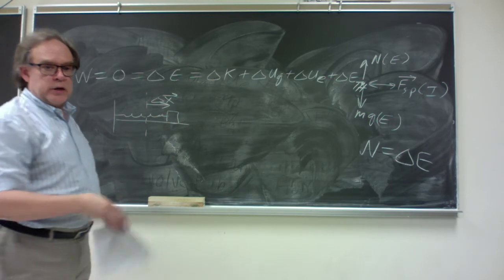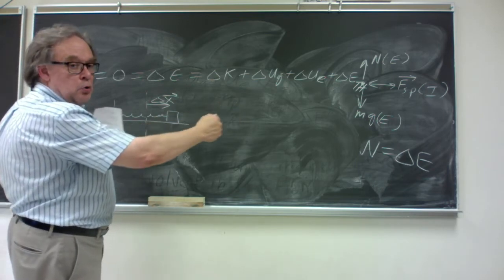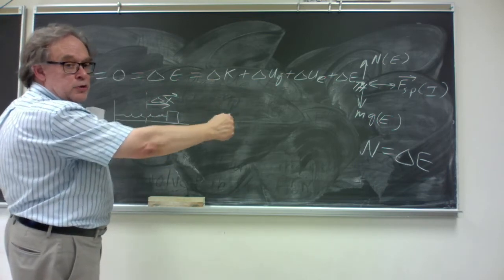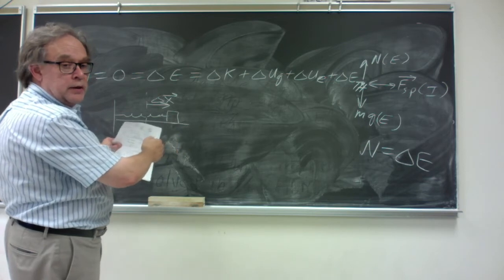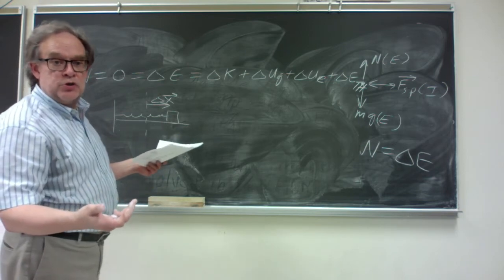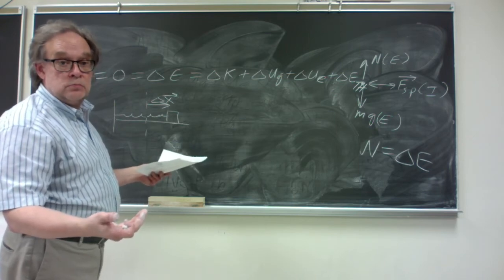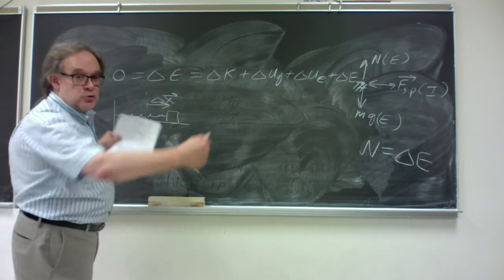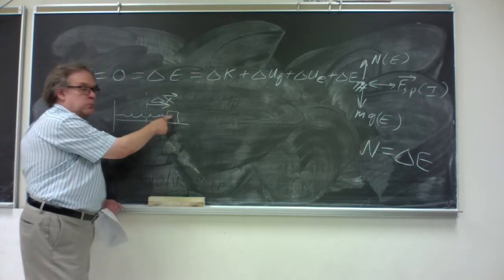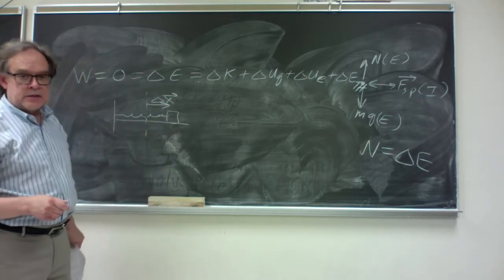The spring is stretched, so it's going to try to pull back. It's going to try to snap back to its original shorter length. Trying to restore its original shape is what elastic objects do when they are distorted. And in trying to snap back to its original shape, it's going to pull to the left on the mass.